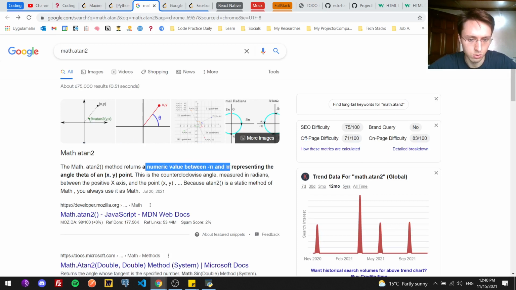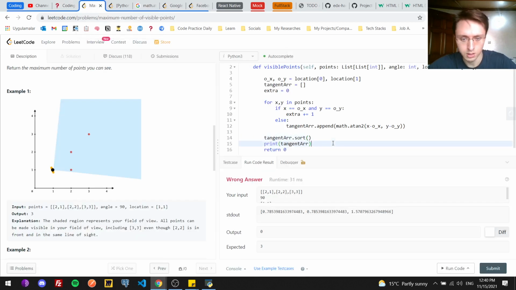So it returns between minus pi and pi. And yeah, knowing that, we can now use these to see if we can have 90 degrees in between.